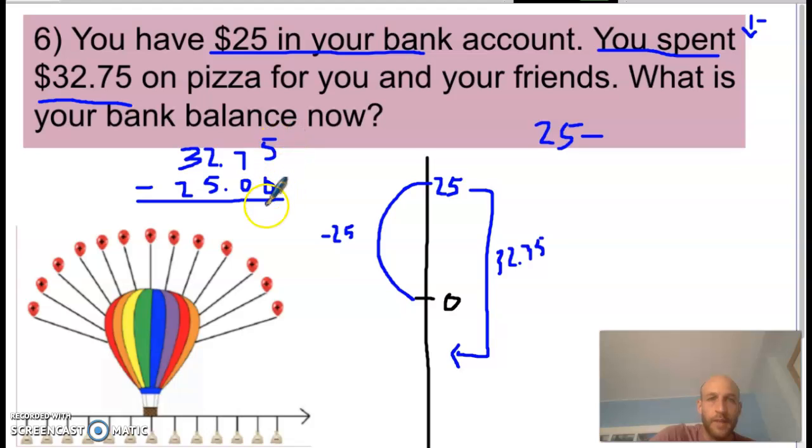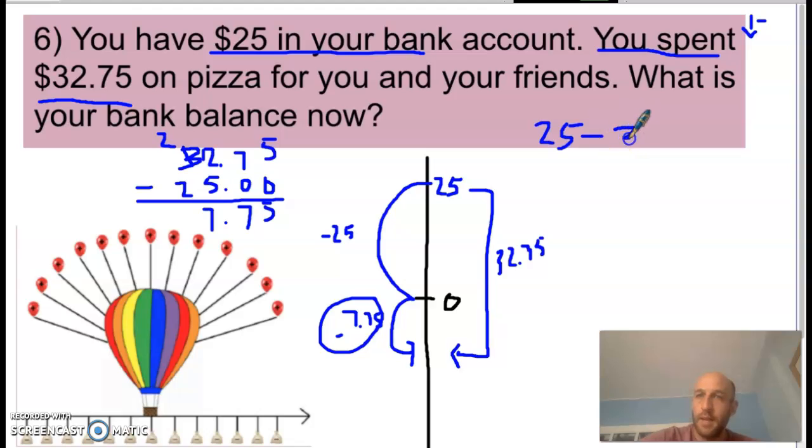5 minus 0 is 5. 7, decimal down, I'm going to borrow. 12 minus 5 is 7. So I need to go down another 7.75, which puts me at negative 7.75. And my expression is the same thing. I want to write that as an addition expression.